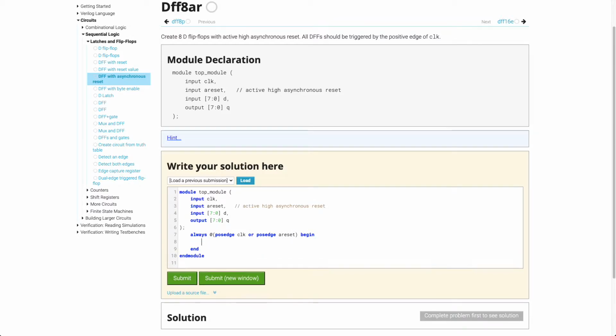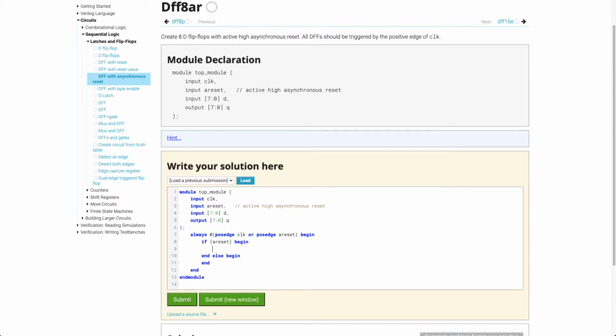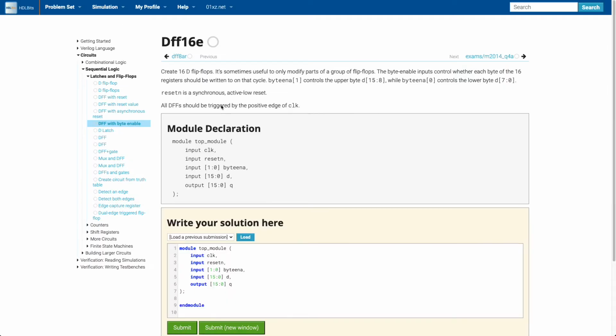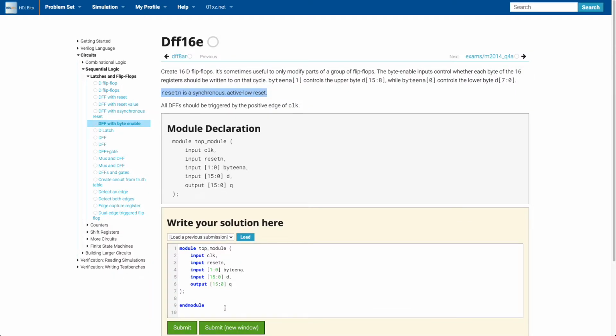So let's test that theory. Very curious how this one turns out. Active low reset. Asynchronous active low.